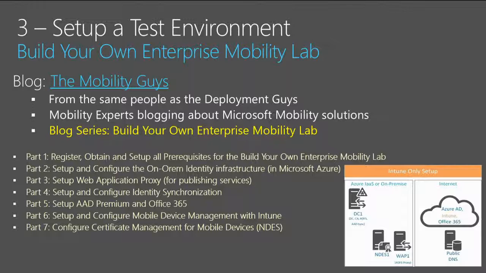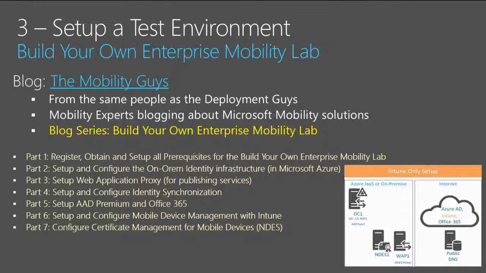So you need to set up Azure AD, set up web application proxy to do the reverse proxying and do the federation for ADFS, set up and configure the identity synchronization because you want to make sure that the identities are synchronized, AAD Premium and Office 365 because we want to have that whole spectrum on what you can do, and Office 365 really shows the added value of mobility, and you really want your Office applications to be mobile as well.